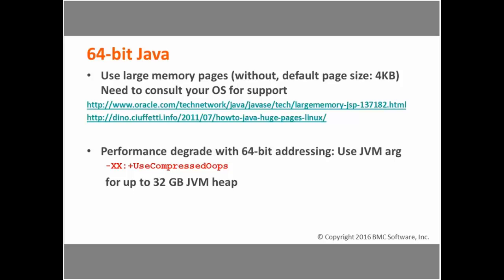The plus means force the use of compressed object pointers. And this helps you, it's called hybrid mode, with the performance degrade when, you know, with the 64-bit addressing performance degrade. So the advice is always have a plus. A minus is force do not use hybrid mode.